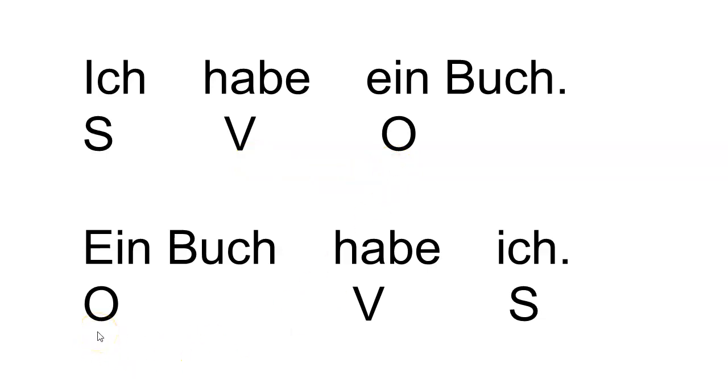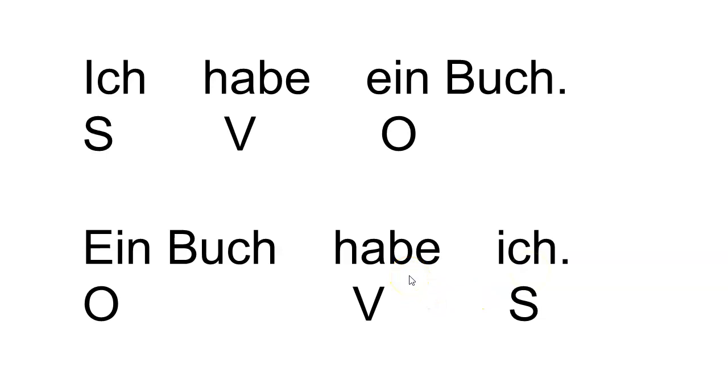In this case, down here, the object is occupying the first position. You can do that. If you want to emphasize the object a little bit, you can move it up to the first position. Now the rule states that the conjugated verb must always be in the second position, so notice it stays the same. Ein Buch habe. When something else is in the first position, that kicks the subject pronoun to the next position.